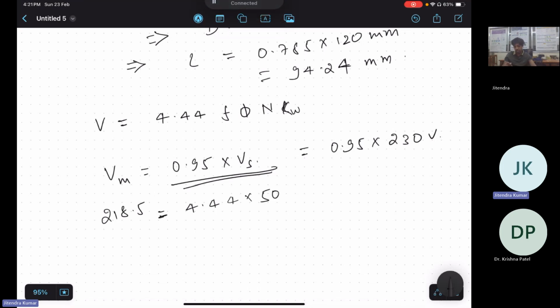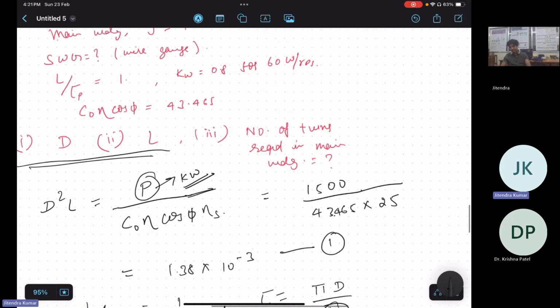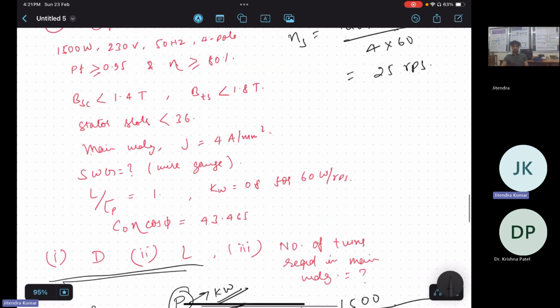How much is the flux? The flux is not given in the problem, so another parameter we have to calculate is the flux.